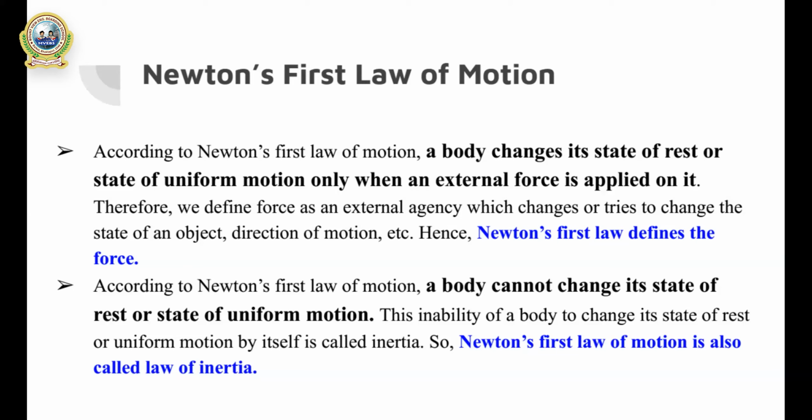The body is unable to change its position by itself, and this inability is called inertia. So we can say that Newton's first law of motion is the law of inertia. So these two are the answers for the question.